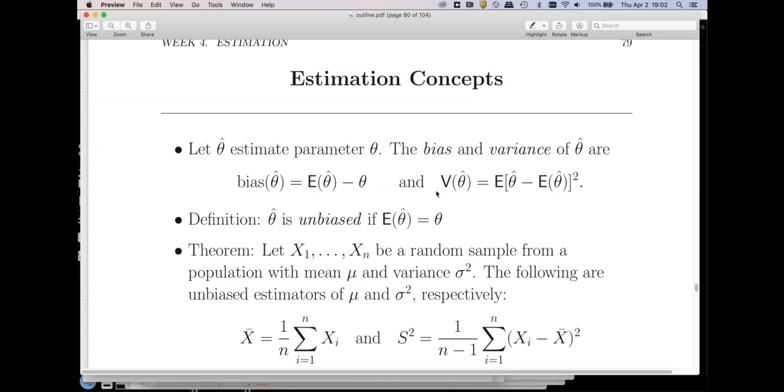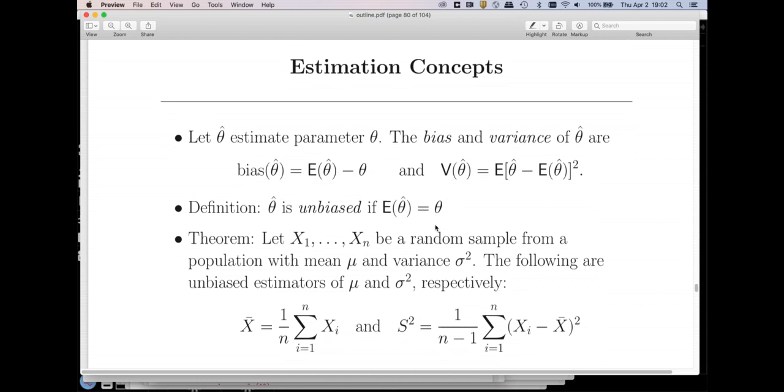So another definition is unbiased. A statistic is said to be unbiased when the expected value of it is equal to theta. So I think we need to do an example. Let's say that we have a random sample, x1 through xn.